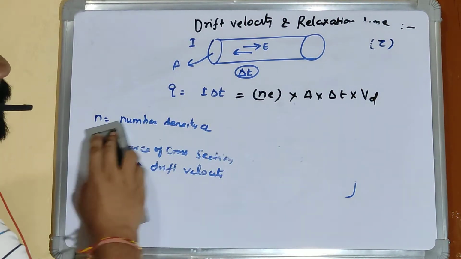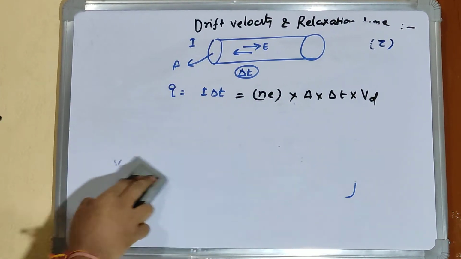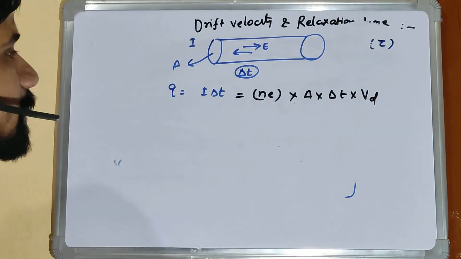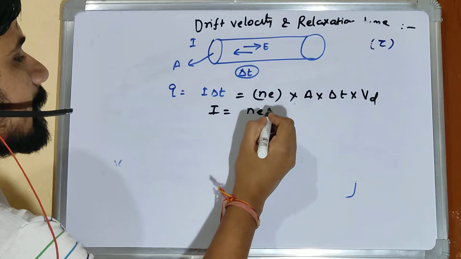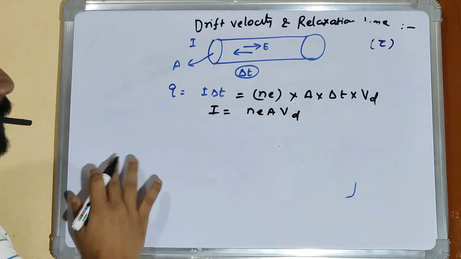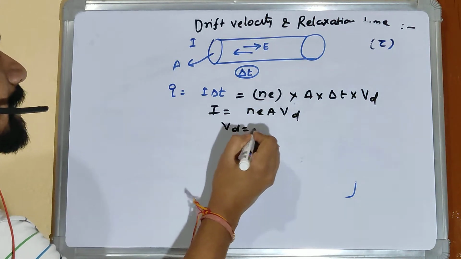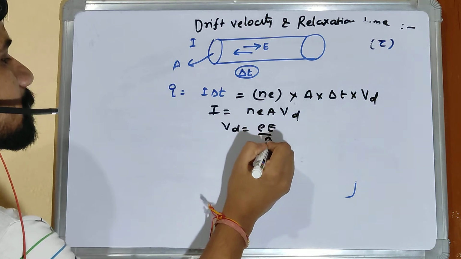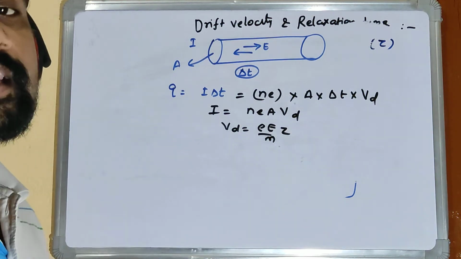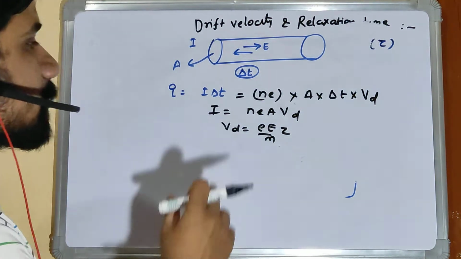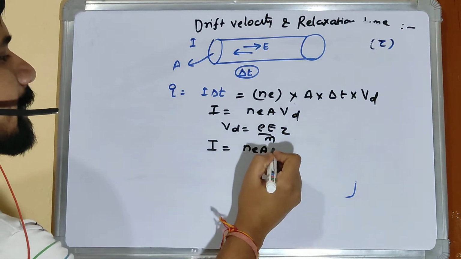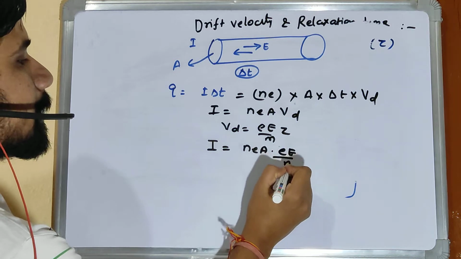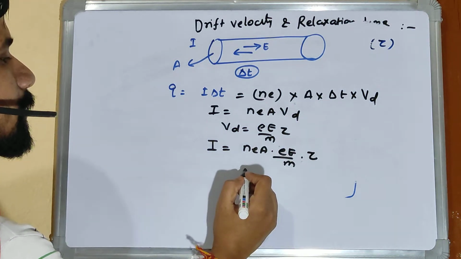Now from here you can see that I becomes what? I is n e A Vd, right? And we know that Vd equals e E by m into tau. If I talk about the magnitude, e E by m into tau. So if I place it here, I becomes n e A into e E by m into tau, right?